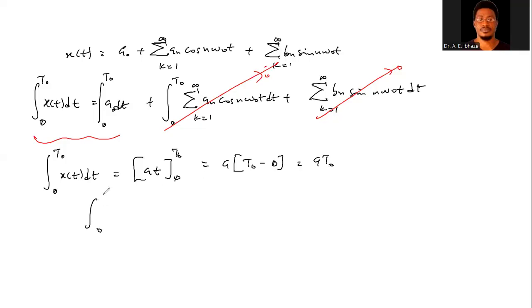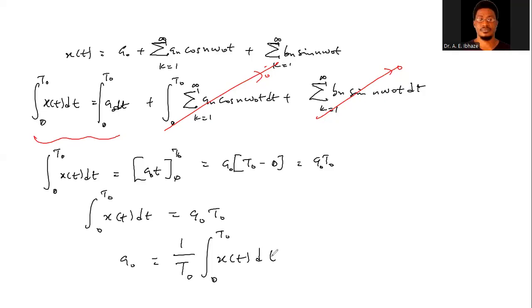So since the integral of the signal s of t dt is A naught T naught, then A naught will be the same as, dividing both sides by T naught, 1 over T naught times integral 0 to T naught of s of t dt.